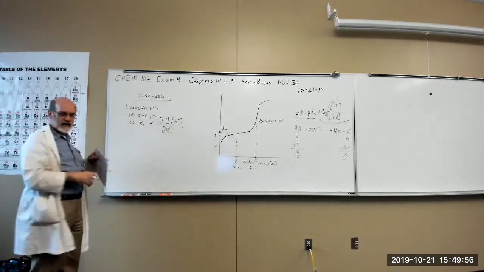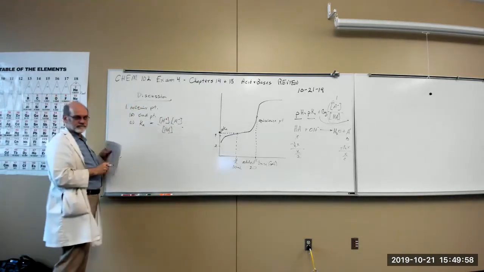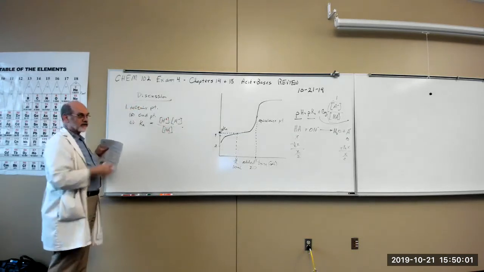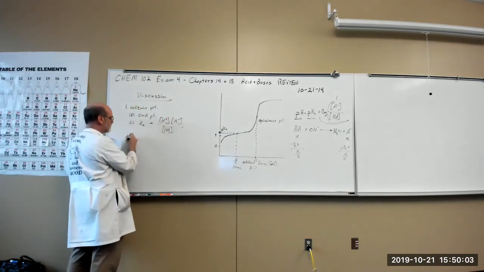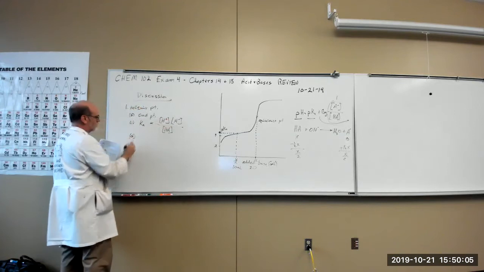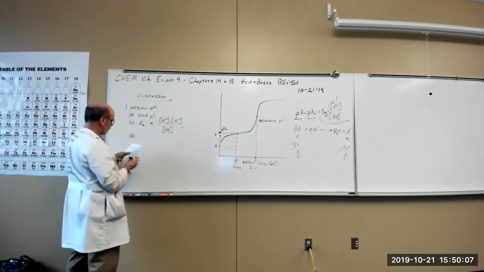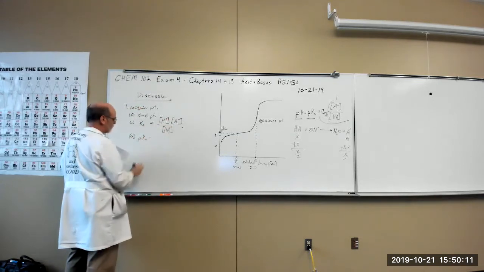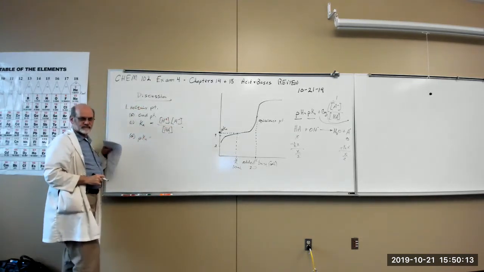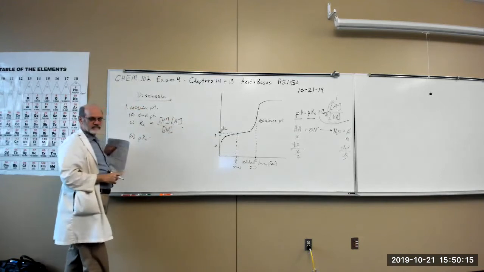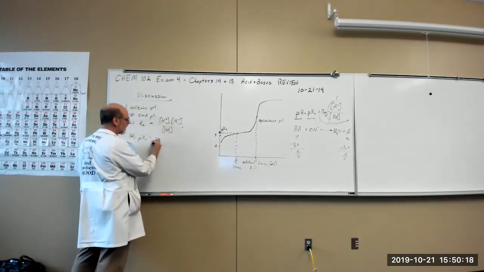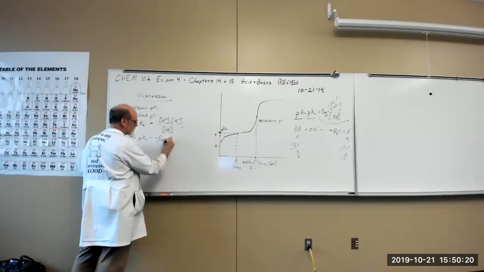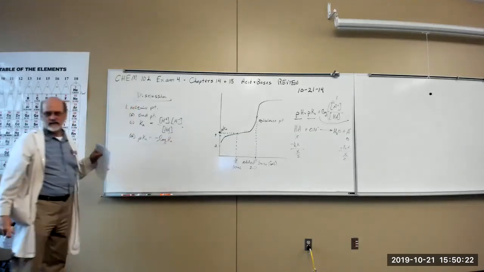So that's what your Ka represents. It's the equilibrium constant for the dissociation of an acid. D, what is pKa equal to? It's simple. It's just a log transformation. It's a negative log of the Ka. That's it.